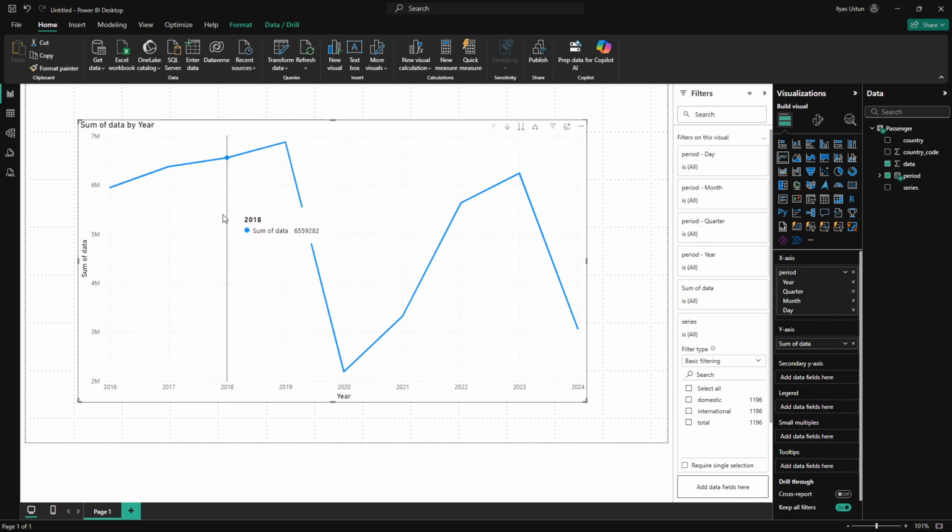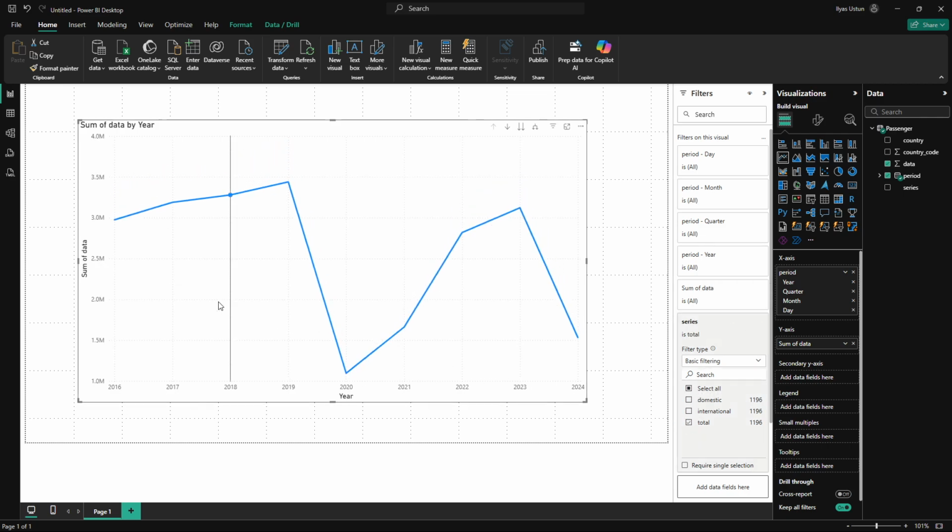Now, when I selected the total, I'm getting the international plus domestic values. First of all, if you have domestic, international, and total, that's double counting because the total already has domestic and international. So that value we were seeing before was wrong. This one makes sense: domestic plus international among all the countries in 2016.